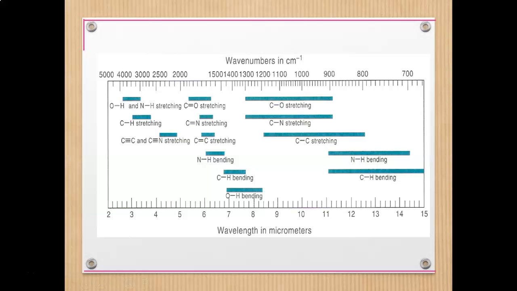Okay, we call it the fingerprint region. So the one at the center here, 1600 to 3500, we call a simple stretching.